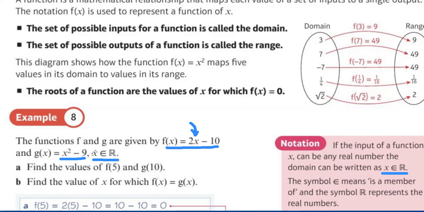Then minus 9 is the minimum value of y. Then we can write y or g(x) changes from minus 9 to infinity. Minus 9 is also included. Therefore, the range we can write like this.